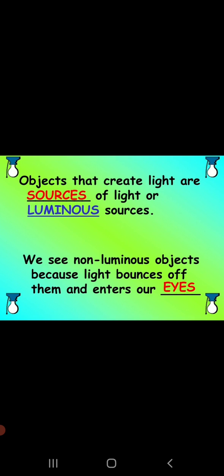Luminous objects, obviously they have their own light, so we are able to see them, right? However, the non-luminous bodies require light; we are able to see the non-luminous bodies because of the light entering into our eyes. When the light from the luminous bodies falls, let's say the sun's light falls on a chair, the chair is a non-luminous body.